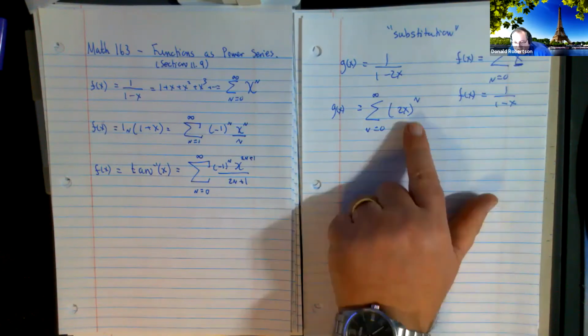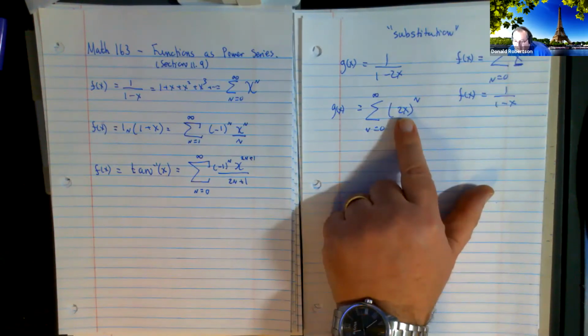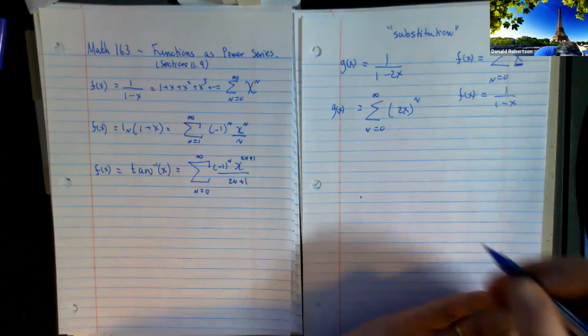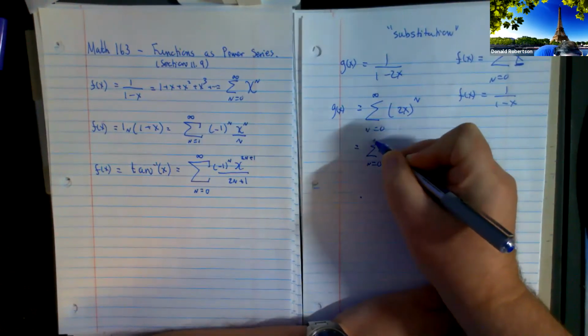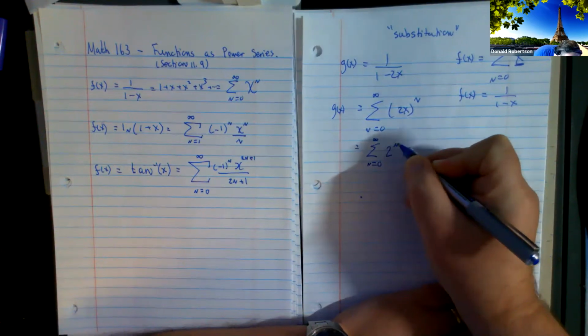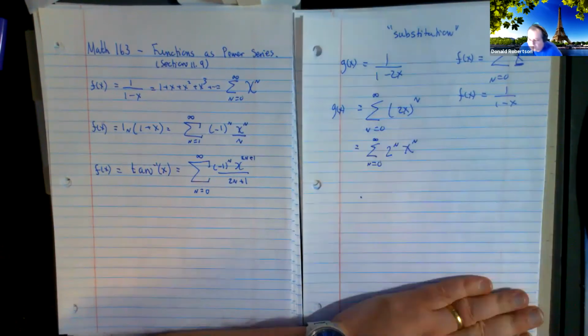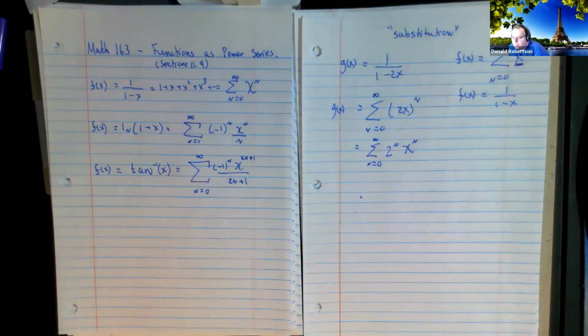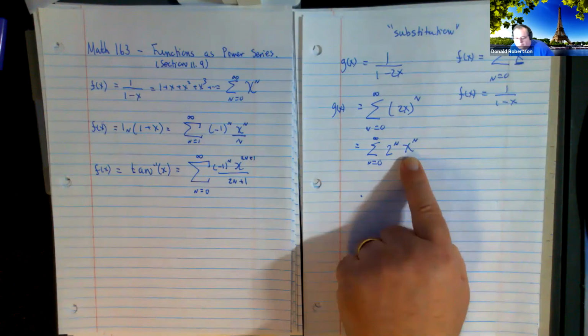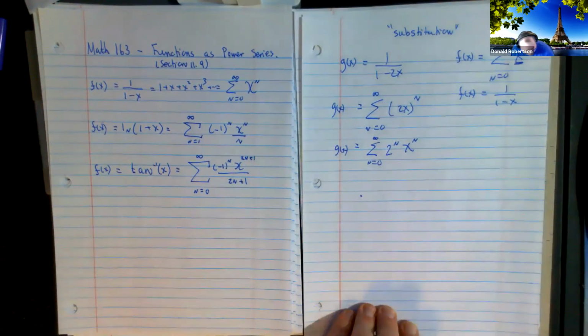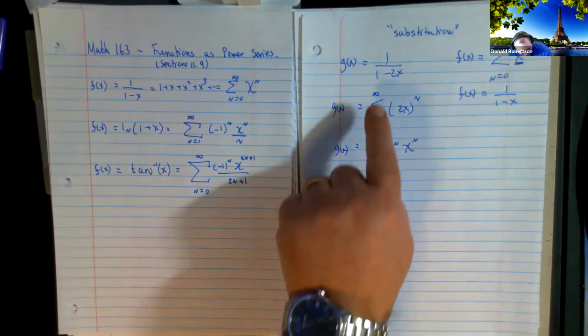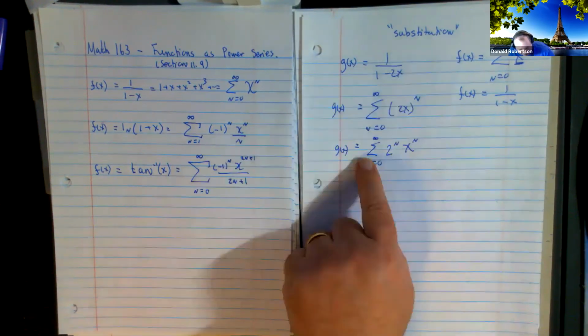Now, this is 90% correct, but it has a style point thing. In sigma notation, you want the x's to be separate. You don't want them inside with 2's and x's together. So this is the final result. So the power series for 1 over 1 minus 2x is this guy.